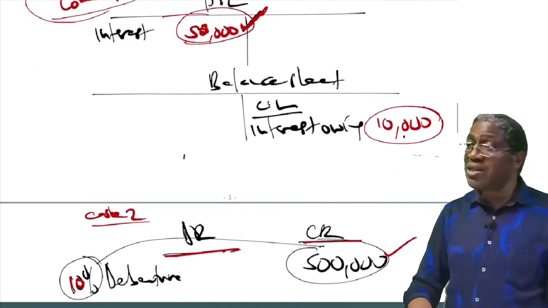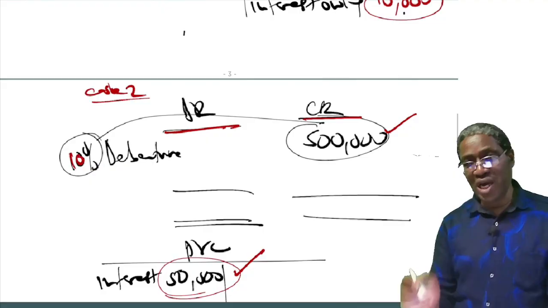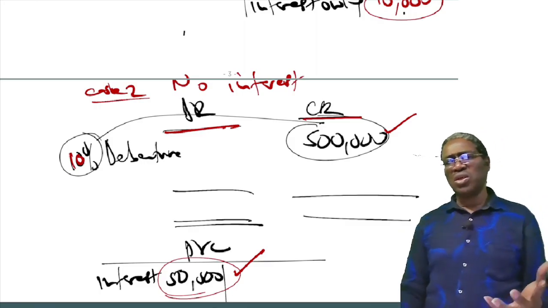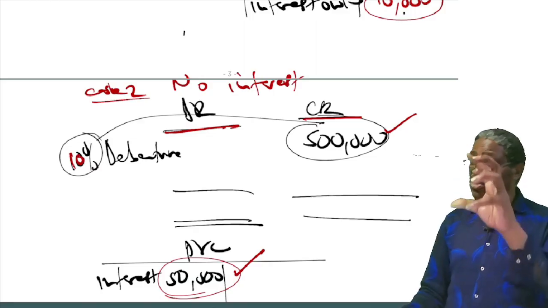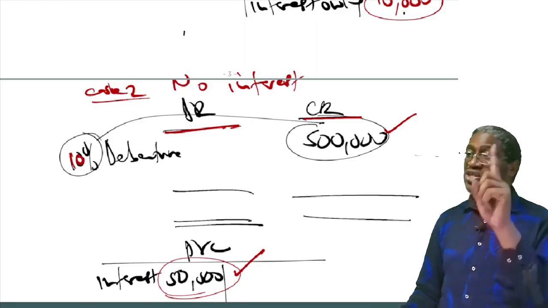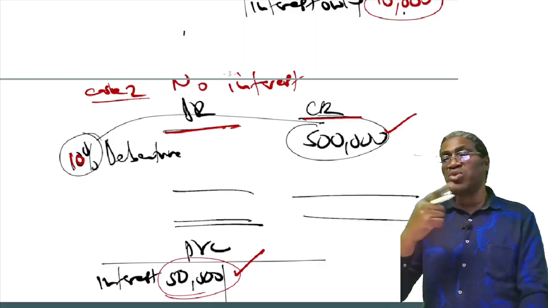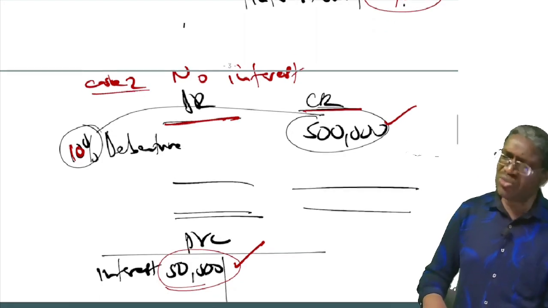Alternatively, in some other past paper questions, you are given a case 2 scenario where no interest is paid at all. So you will need to know that it does not matter whether you have paid interest or not. When it comes to the income statement, interest should be charged because of the accrual concept. It's when you are doing the balance sheet that you get concerned. Good. That's what we discussed.